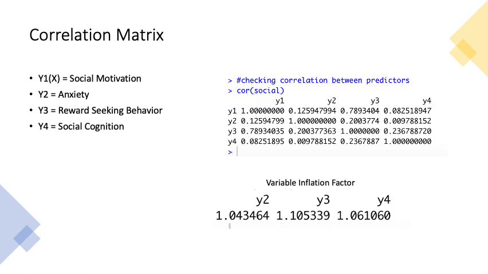This estimates how much the variance of each regression coefficient is inflated due to multicollinearity. Variables that have an inflation factor of 5 would meet the criteria for a violation of assumption. However, none of our variables reach the level of 5, so we can suggest that there's no violation of the assumption that multicollinearity is highly inflating our results.